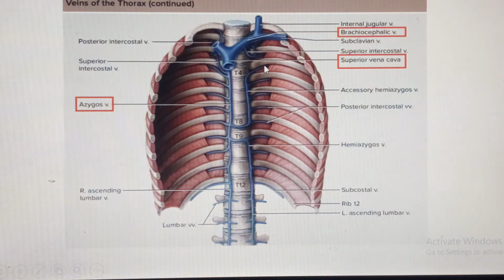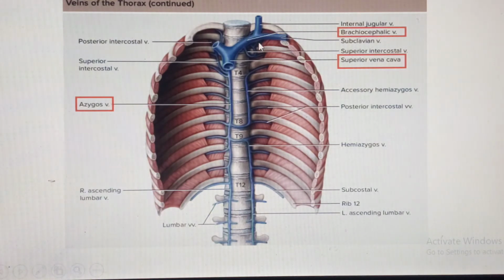And that superior intercostal vein, instead of draining into the accessory azygos vein, or directly into the superior portion of the azygos vein as on the right, will rather drain into the left brachiocephalic vein. You can see that the left brachiocephalic vein is longer and has an oblique course. That is why these four veins will combine, forming the left superior intercostal vein, draining directly into the brachiocephalic vein.